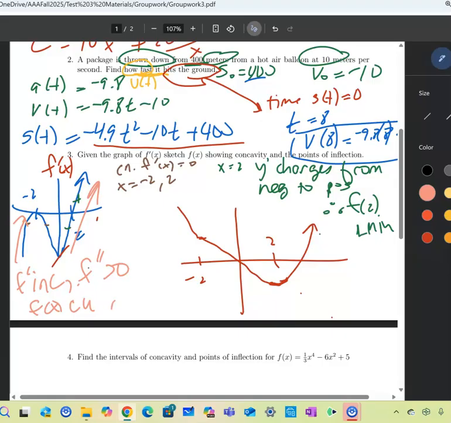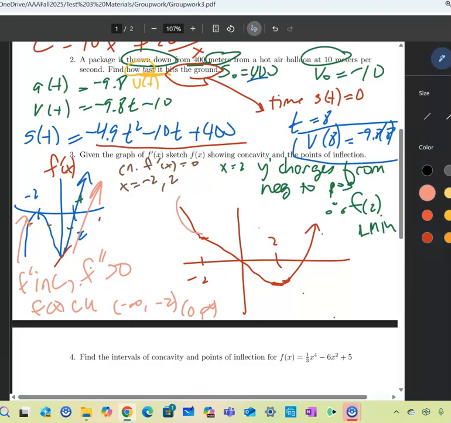So from -infinity to -2, and then from 0 to infinity, it's cupped up. This cupping is just enhancing the graph. If the derivative is increasing, that's where y double prime is bigger than 0. So that means y is cupped up.